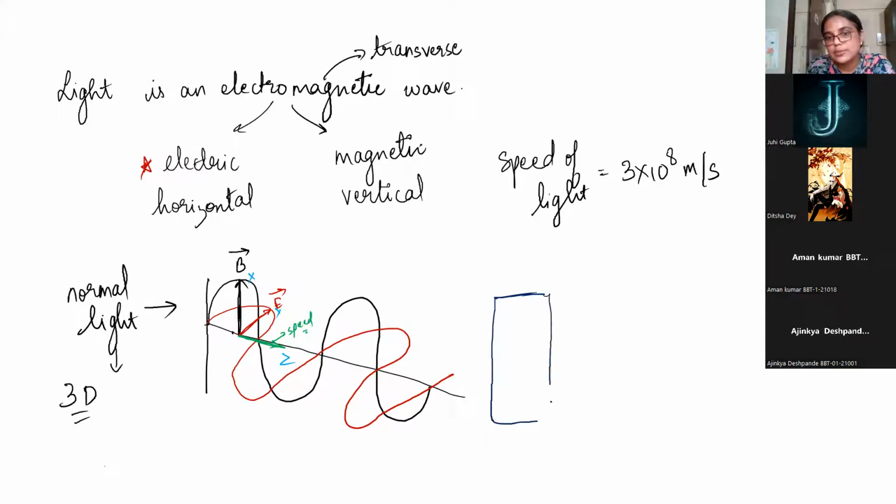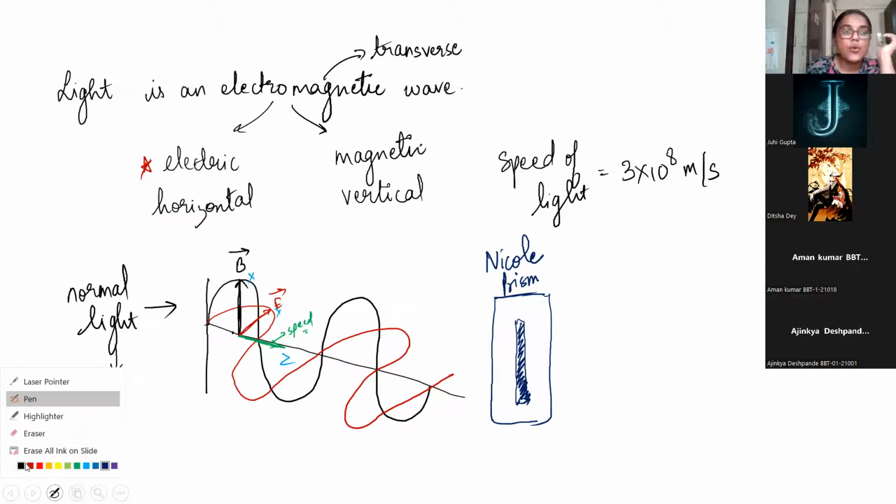So suppose this is my Polaroid here. Inside it will be our substance. It's a prism basically, a nickel prism. So what is a Polaroid? A Polaroid is a substance which will change the light. Suppose this 3D light I have drawn here passes through this Polaroid. How will it change?